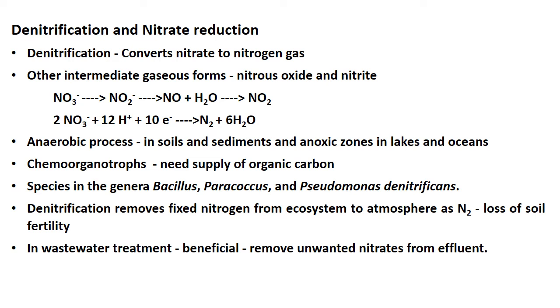Even though nitrogen gas is the ultimate product of denitrification, some other intermediate gaseous forms of nitrogen are also formed, such as nitrous oxide, nitrite, etc. Nitrous oxide is a greenhouse gas and nitrite is involved in the formation of certain carcinogenic nitrosamines.